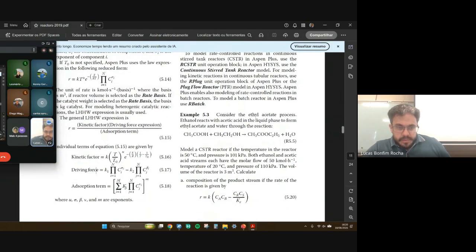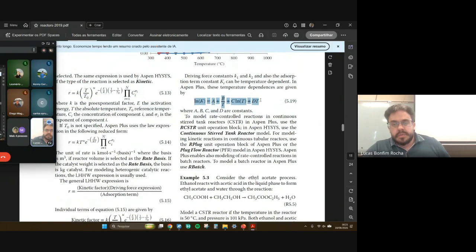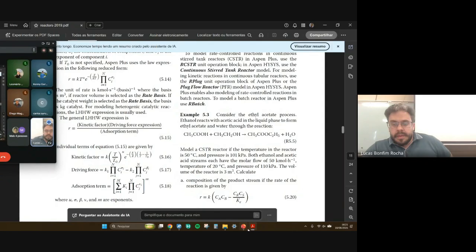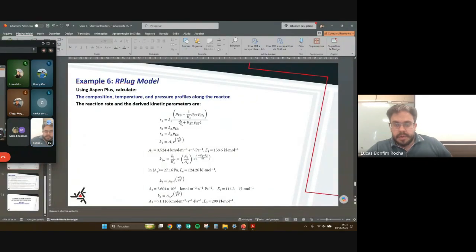As we have done for the coefficients of the driving force, for the coefficients of each term in the adsorption term, we must specify the value in natural logarithm. So we need to isolate this one using some exponential function for determining the coefficients A, B, C, and D. For informing these coefficients, for the first term we have 1 and we don't have reactants or products multiplying it, so the exponents for all the components are 0.